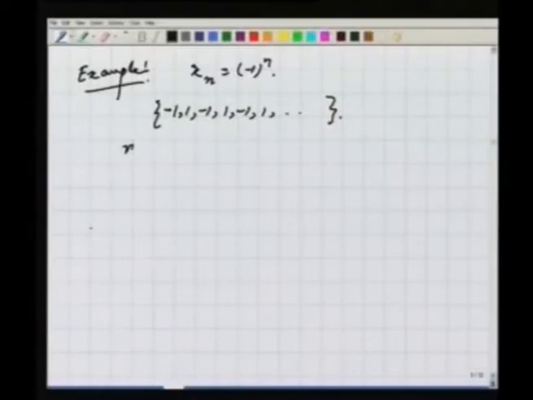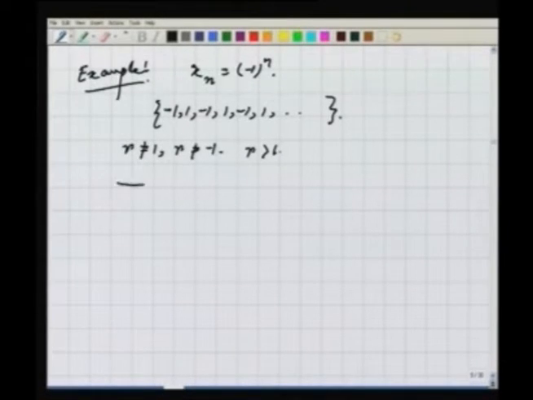Now which real number can it at all get close to? Let us say I take a real number r which is not equal to 1 and not equal to minus 1. For simplification, let us assume r is strictly bigger than 1. Just think of it this way, this is the real line. I have minus 1 here, this is 0, this is 1, and let us say this is r since it is strictly bigger than 1.